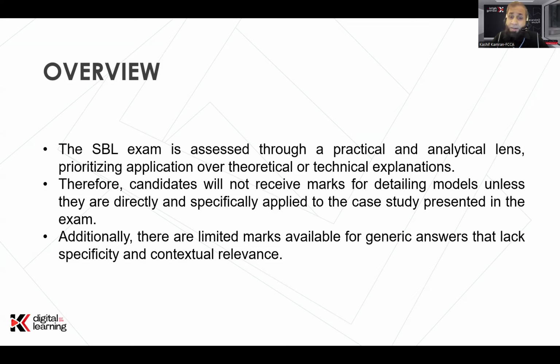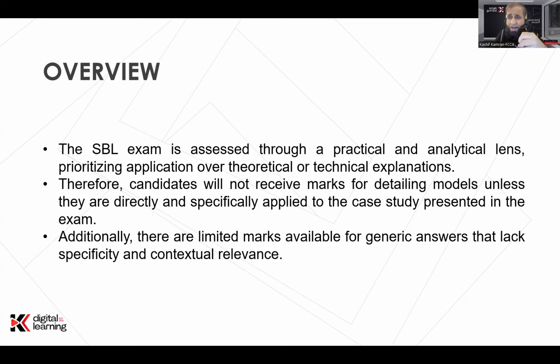Additionally, there are limited marks available for generic answers that lack specifics or contextual relevance. Generic has no space in SBL. Everything needs to be applied, adapted, and tailored according to the situation, according to the information given in the exam, in the exhibits, and in the pre-seen. You need to contextualize everything. You cannot just put generic stuff which has no linkage with the information given in the exam paper, whether it's in the pre-seen or in the exhibits.